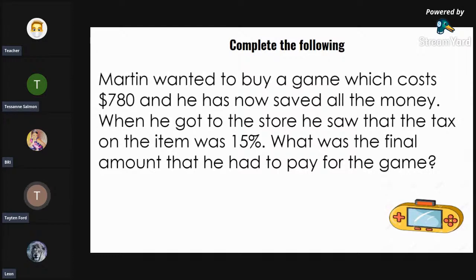Okay, I canceled 100 by 10 and 780 by 10. All right, so that sounds to me like you have on paper 780 multiplied by 15 over 100. Is that so? Yes, sir.